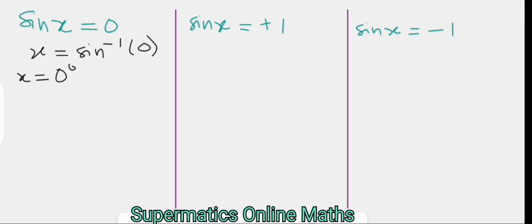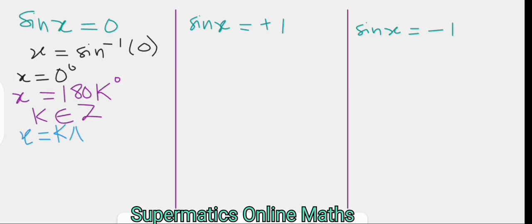Therefore, in degrees, we can write generally that x is 180k degrees, where k is an integer, or in radians, we can write generally that x is equal to, 180 is pi, so this is k pi radians. And again, k is an integer.